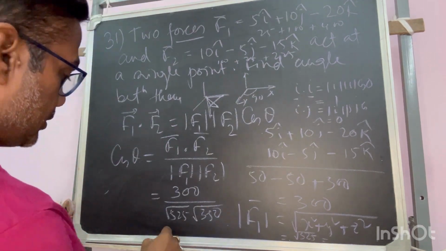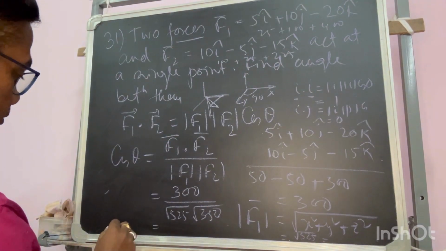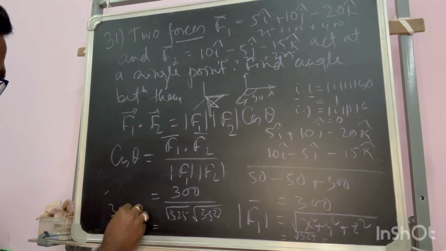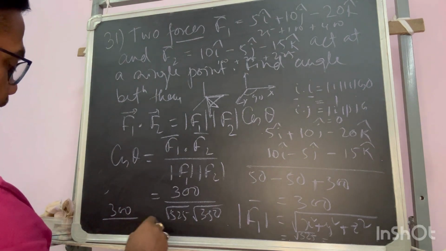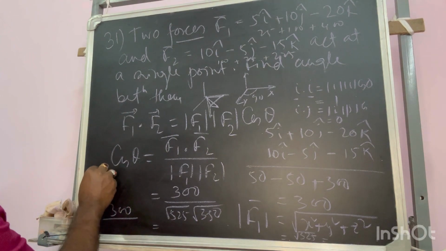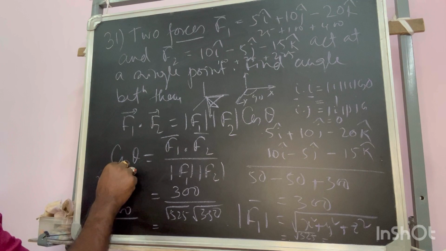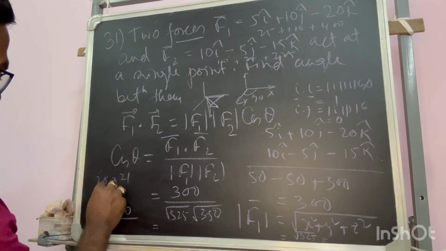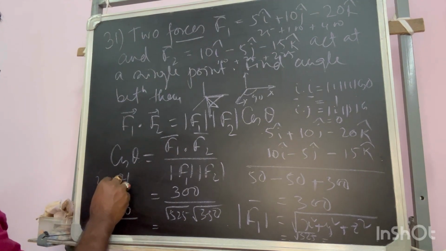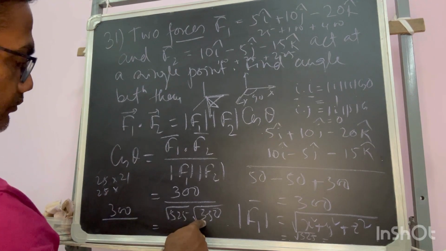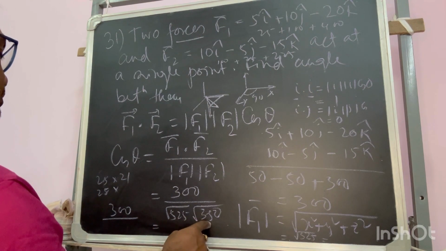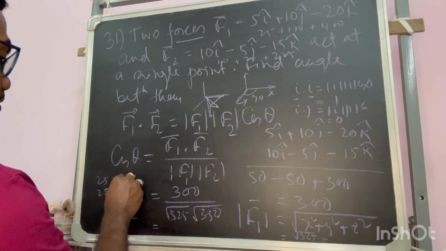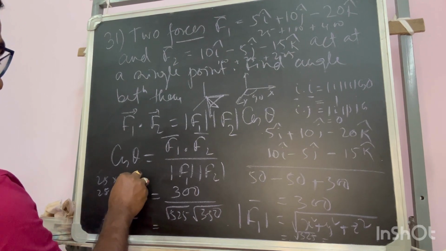Okay, so now if I want to calculate 300 divided by this, 525 is 25 into 21, and this 350 will be 25 into 14.